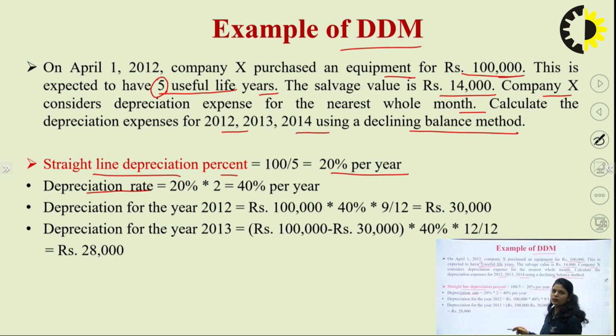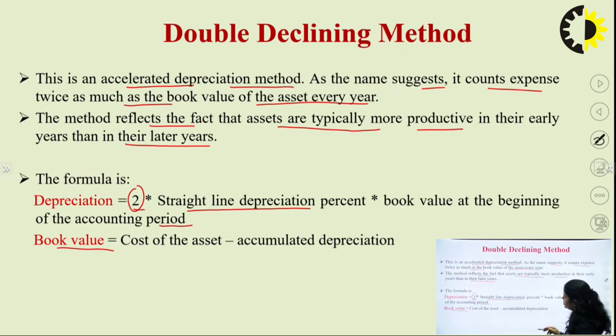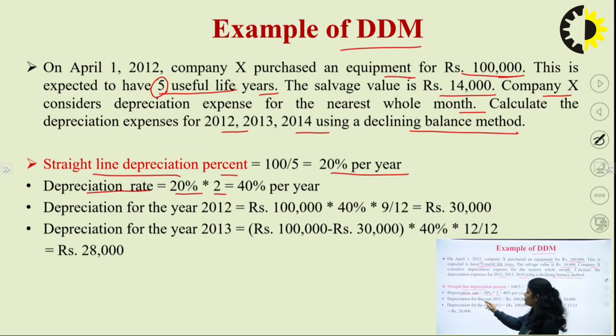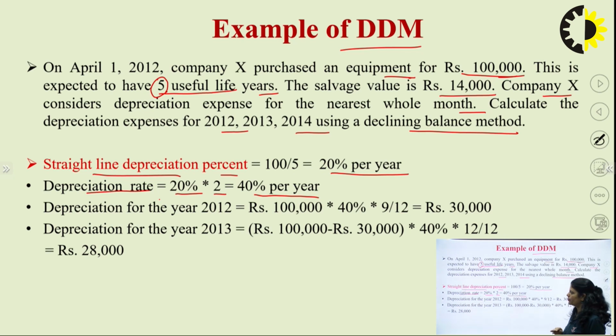Depreciation rate will be 20% into 2, since depreciation is 2 into straight line depreciation percent. So, in this way we can calculate the depreciation rate, which is 20% into 2, that comes out to be 40% per year. Now, we will calculate the depreciation for the year 2012.